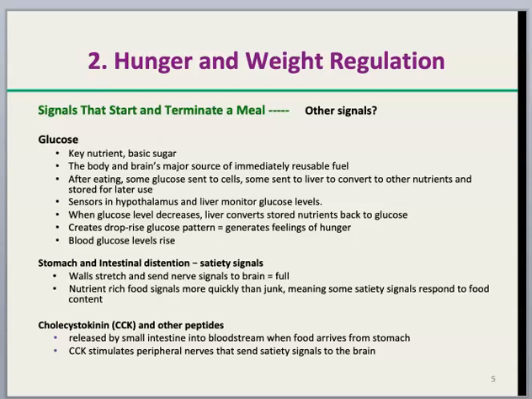So just to clarify, you eat food, and when you do that, CCK is released into the bloodstream, and it stimulates activity in the peripheral nerves, and it sends a signal to the brain. So basically, CCK decreases feelings of hunger and reduces food intake. So remember, CCK reduces feelings of hunger and food intake.